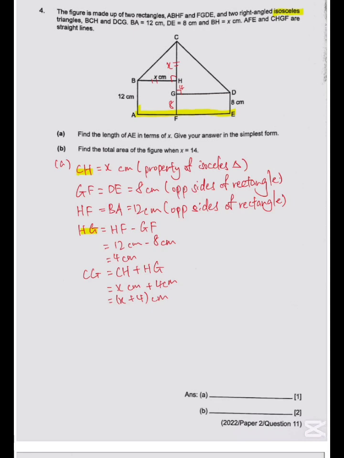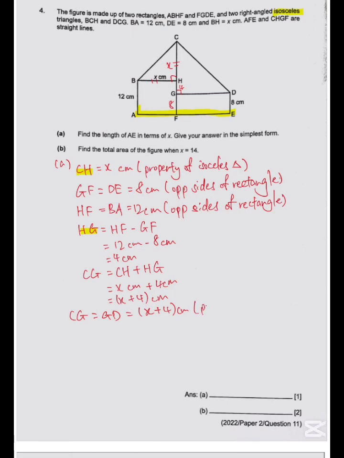Okay, then actually we realize that the CGD is also an isosceles triangle, right? So what would that mean? It would mean that CG equals to GD, right? So it means that CG equals to GD equals to also x plus 4 cm.